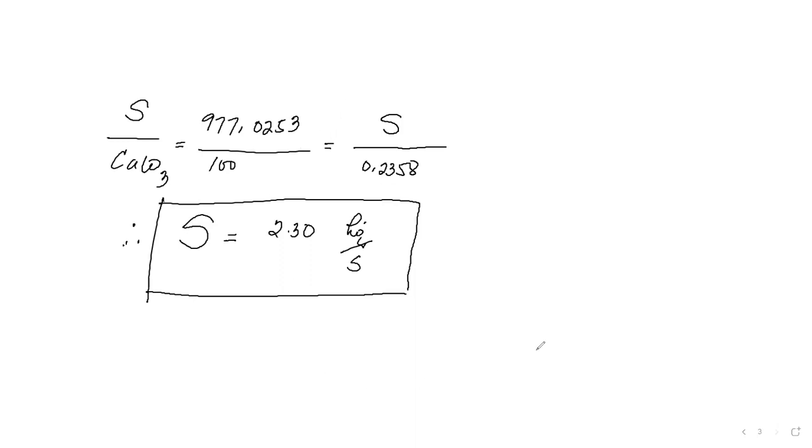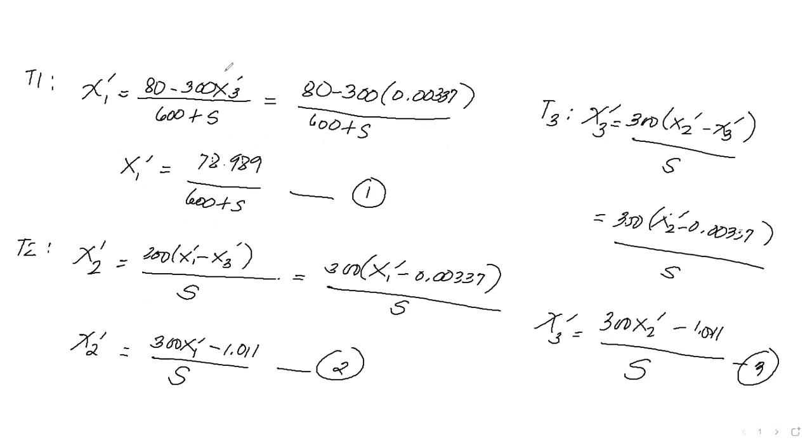And the very important principle that was used here is this one: concentration in the underflow is equal to the concentration of the solution in the overflow. So this is our representation for that. So these are our concentrations for the three thickeners, and we solve the three equations simultaneously to find for the S.